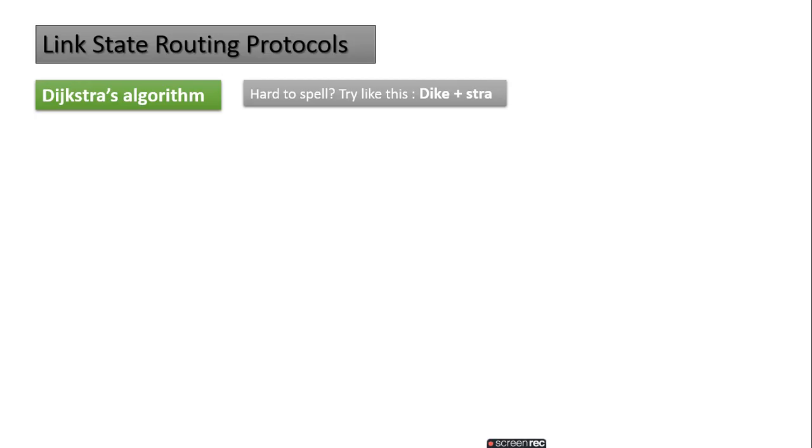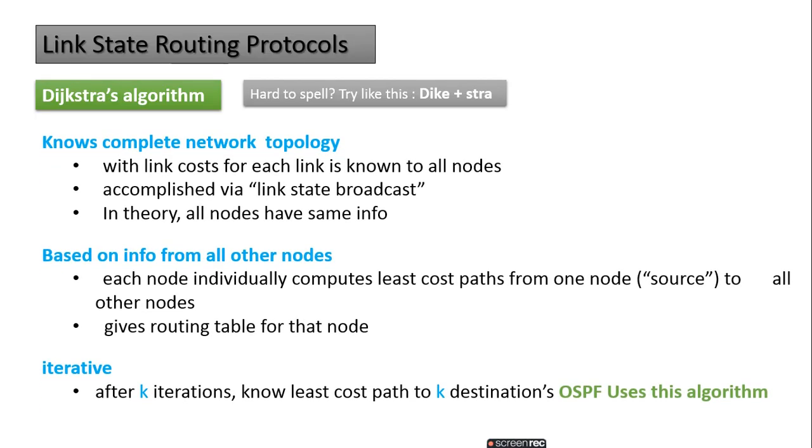Let's see how Dijkstra's algorithm works. A link state routing protocol, most of them, know the complete network topology. That means each and every router knows about all the other routers in the network. This is accomplished via something called link state broadcast. They broadcast their information to others. In theory, all the nodes have the same information.